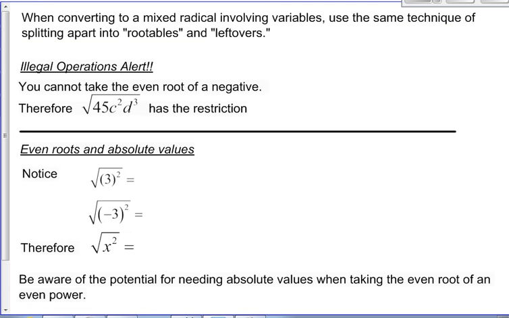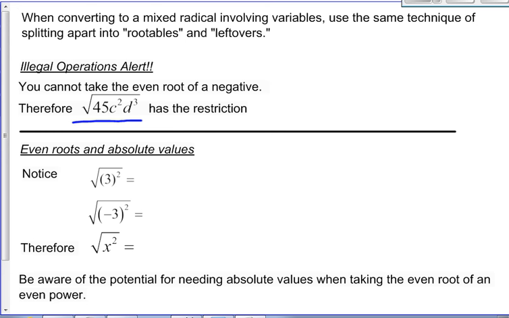When converting to a mixed radical using variables, the same technique applies of splitting apart into rootables and leftovers. But you need to be careful because, since a variable can take various values, you need to make sure you're not going to take the even root of a negative. In this example right here, the square root of 45 c squared times d cubed, 45 has a square root.